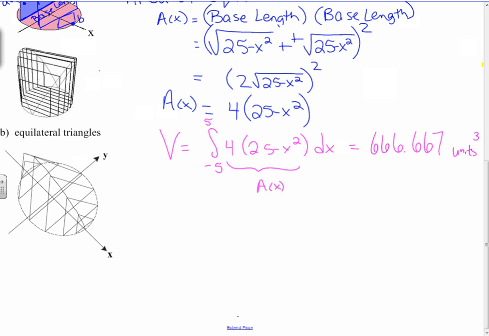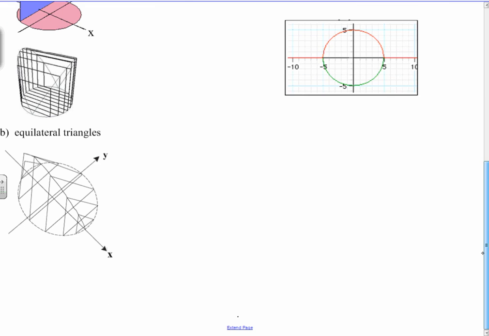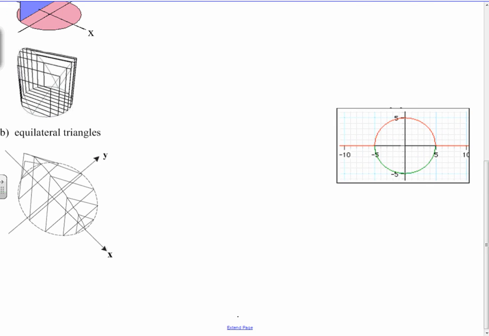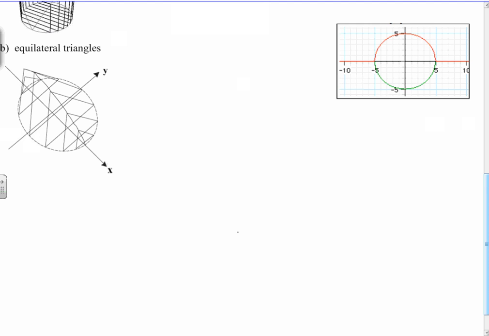So we're going to do equilateral triangles against this base again. I'm going to clear that, and I want to bring this picture down with me. So once again, we've got this circular base, and we know that the top function was the square root of 25 minus x squared. The bottom function is negative square root 25 minus x squared.